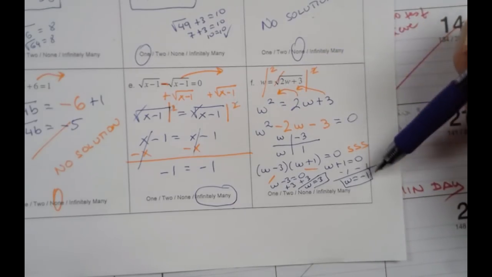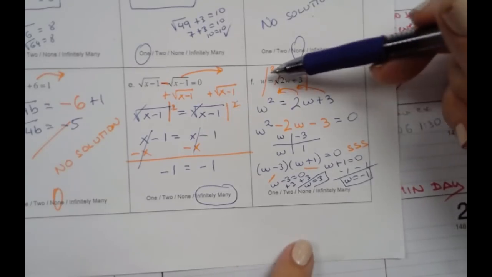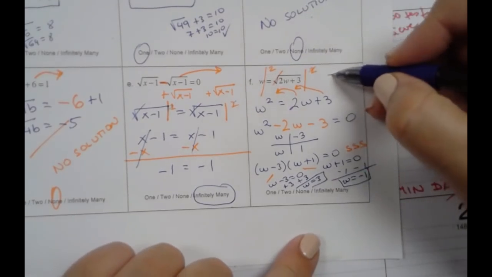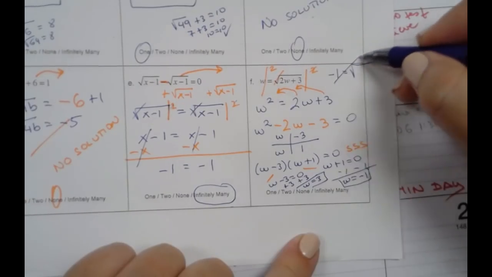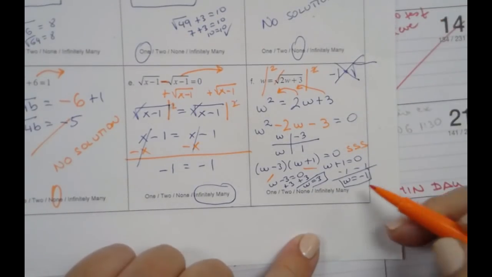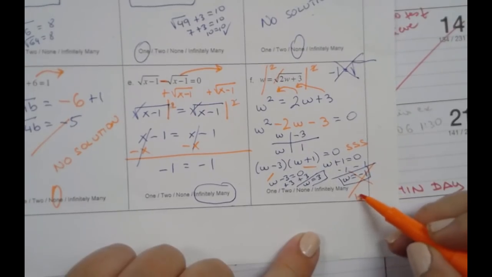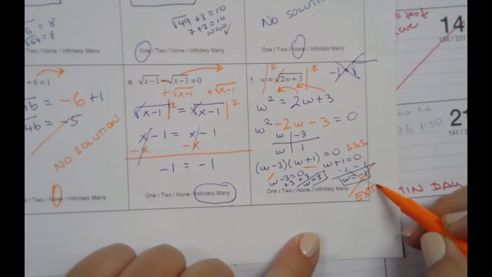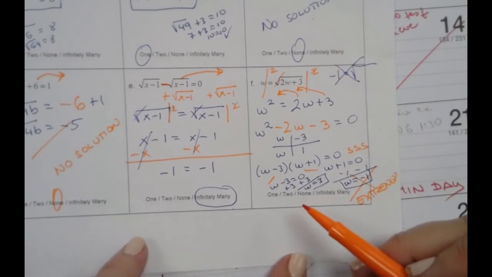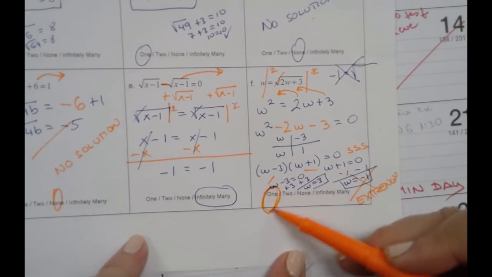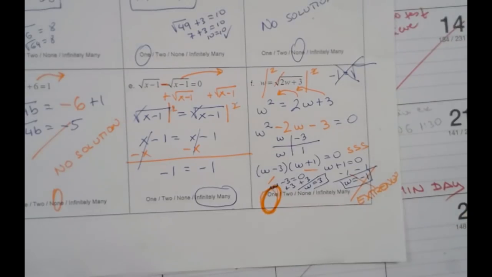But look what happens when I put a negative 1. I would put negative 1 equals square root, and right away I know that this is not possible. So negative 1 is what we call an extraneous solution. And so how many solutions do you have? You do have one solution. So you need to be careful with that.